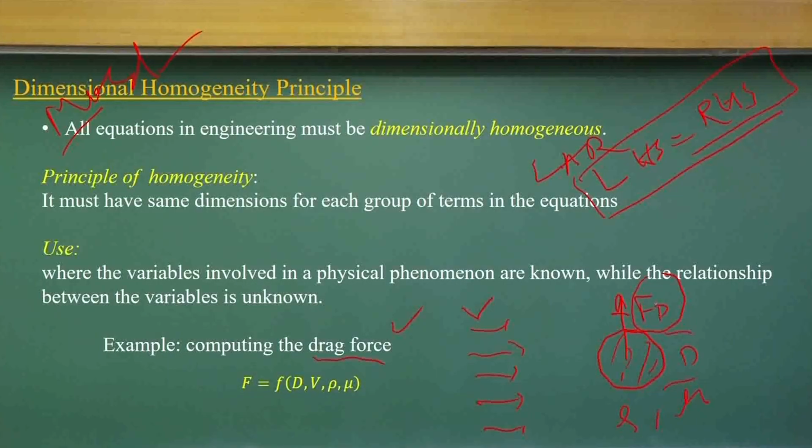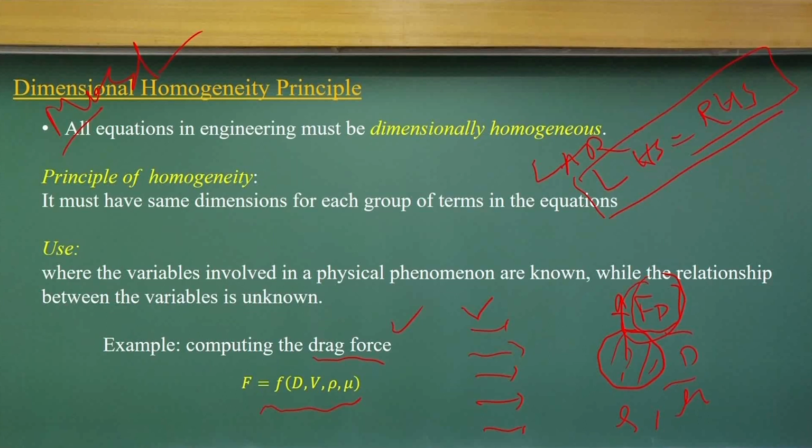So the drag force is a function of D, the diameter of the cylinder, V, the velocity of the flow, and rho and mu, the fluid properties related to density and dynamic viscosity, the viscous force component.